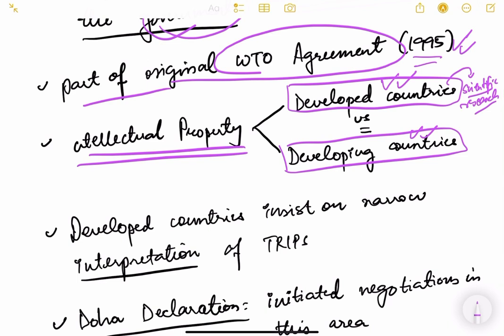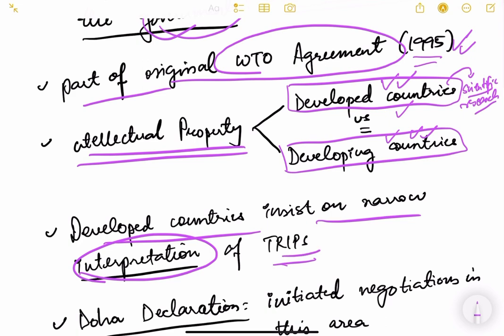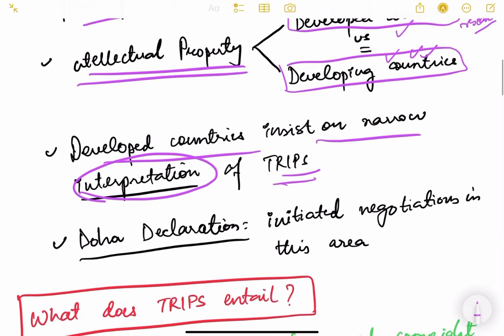So there is always an argument between developed and developing countries about what should be the minimum standard of protection of intellectual property. Basically, developed countries insist on a very narrow interpretation of TRIPS. Narrow interpretation meaning they want the highest level of protection. That is what they ask for.